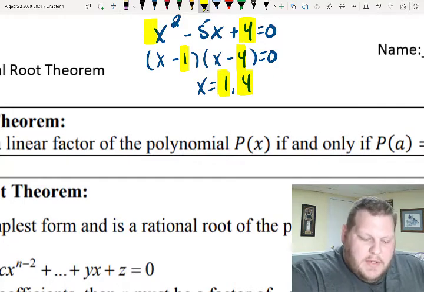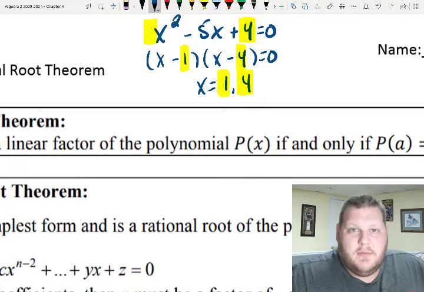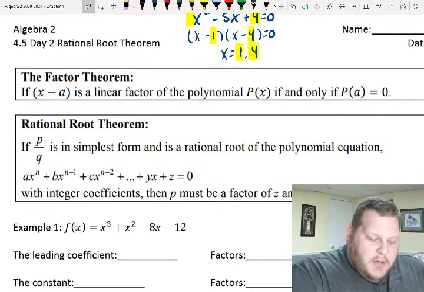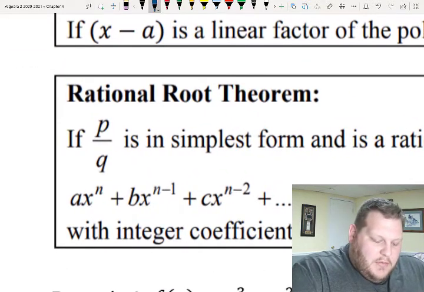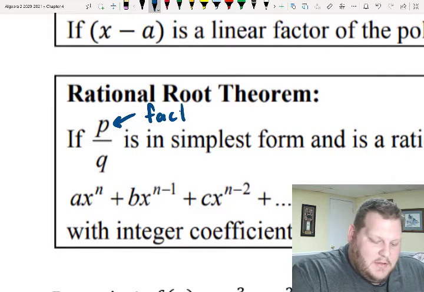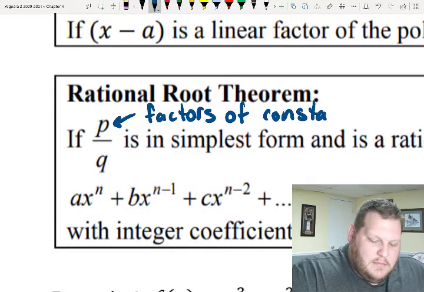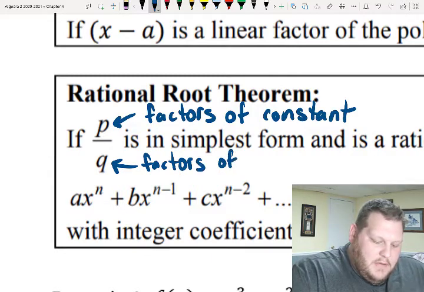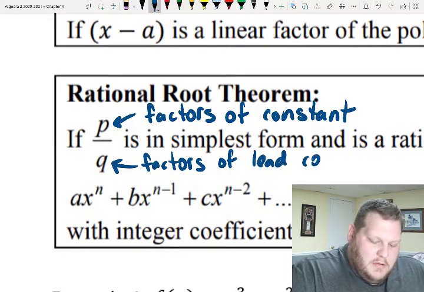They realized that they have to be factors of those two things, but in a very specific relationship, where this right here, P over Q, P is the factors of the constant, and Q are all factors of the lead coefficient.